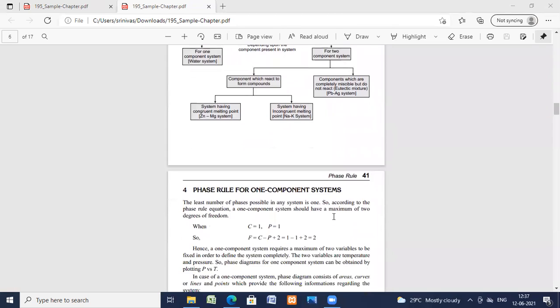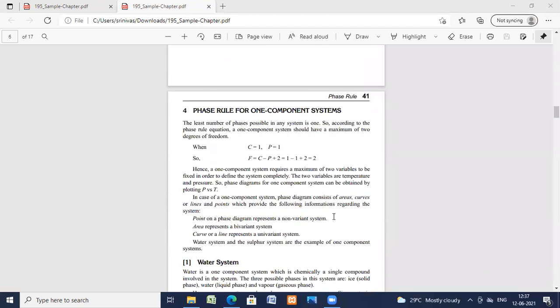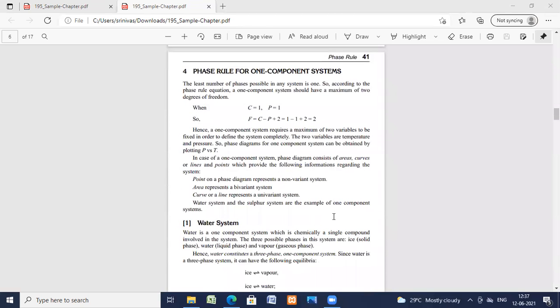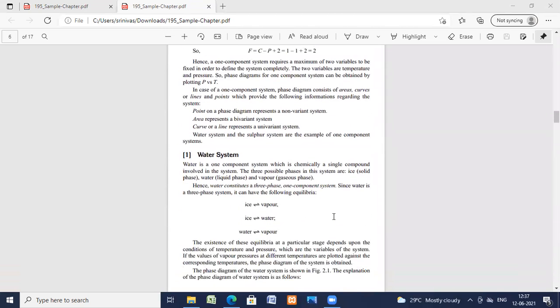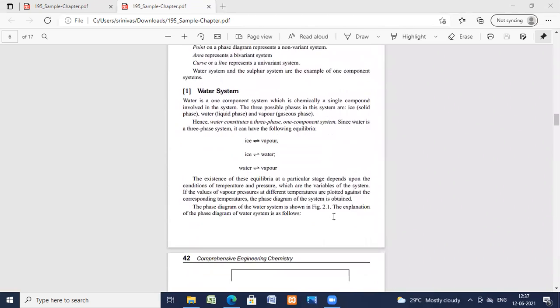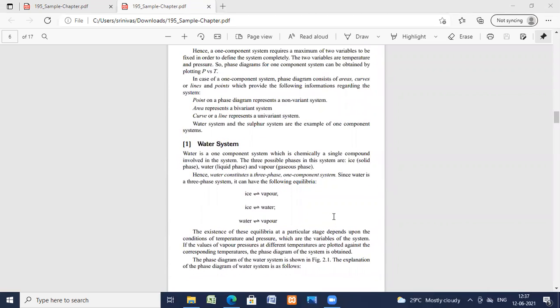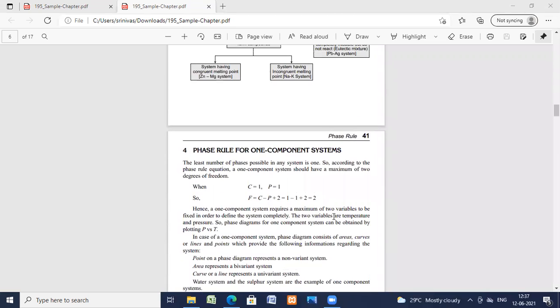Now, what is the phase rule for a one component system? In later classes we'll see more about it. The least number of phases possible in a system is 1.